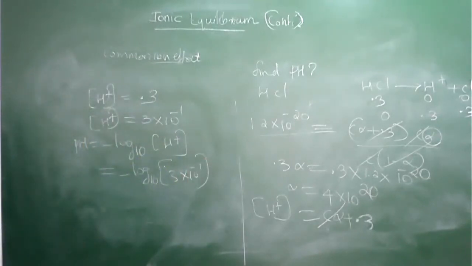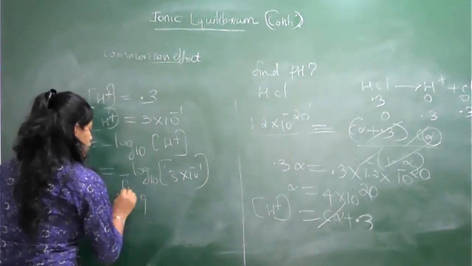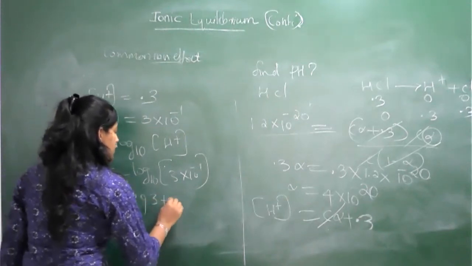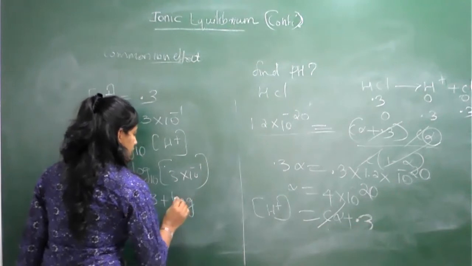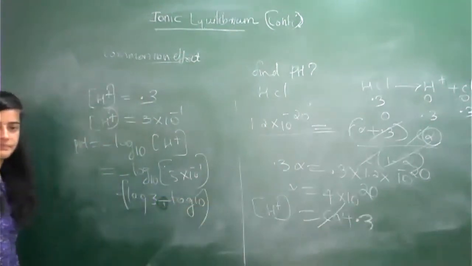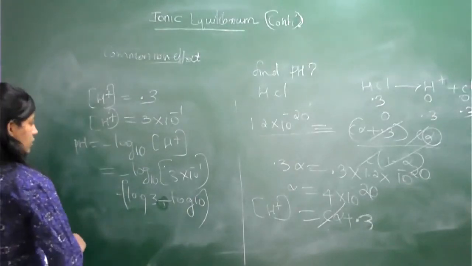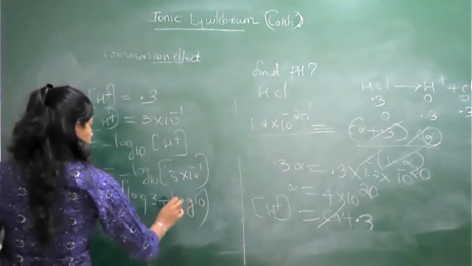A into B, log A plus log B, like that. So log 3, are you familiar with log 3? I already told you. So minus log 3 plus log 10. Log 10 is 1.